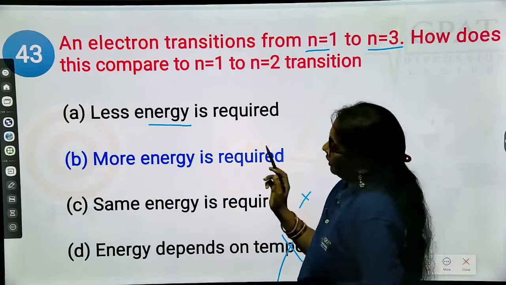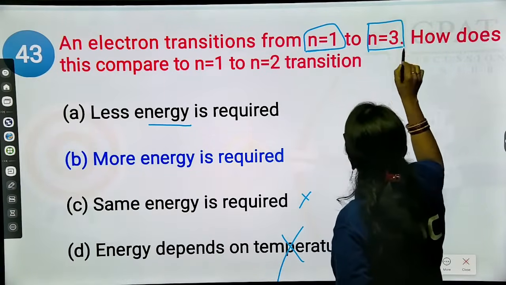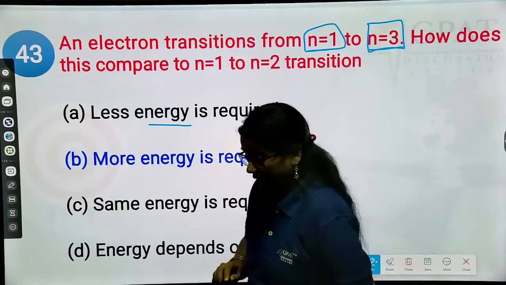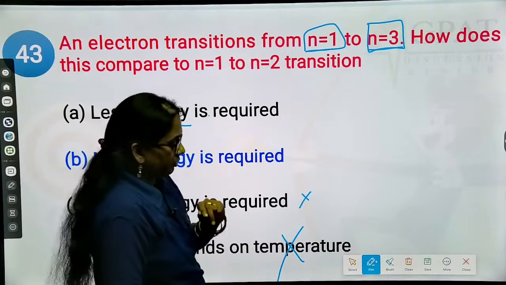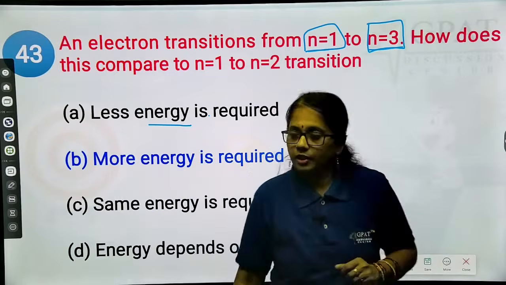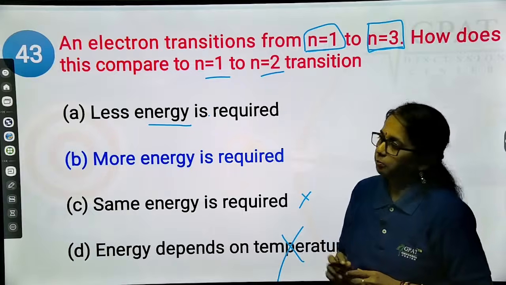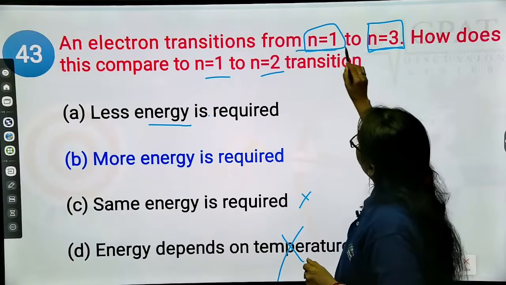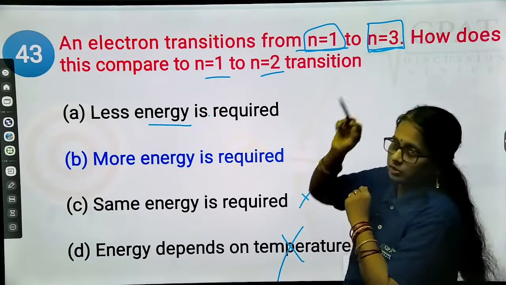Either A or B. But here if you observe, n equal to 1 to n equal to 3, they have asked. Someone has answered this one, keeping in mind n equal to 1 to n equal to 2. But for an electron transition from n equal to 1 to n equal to 3, they are asking the question related to here.